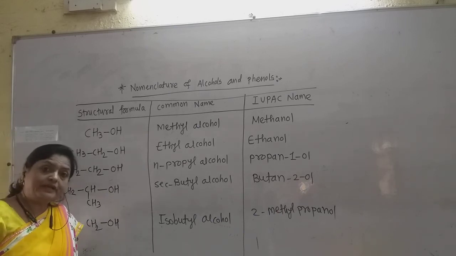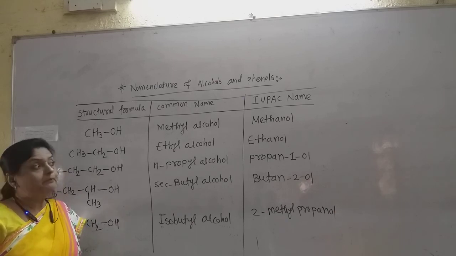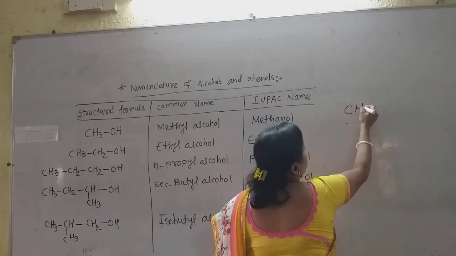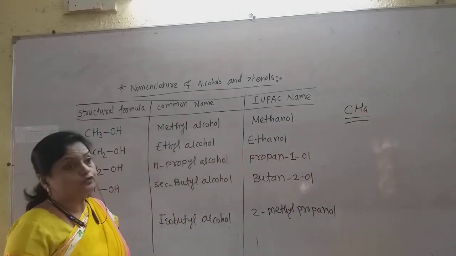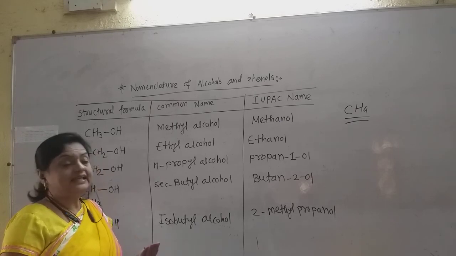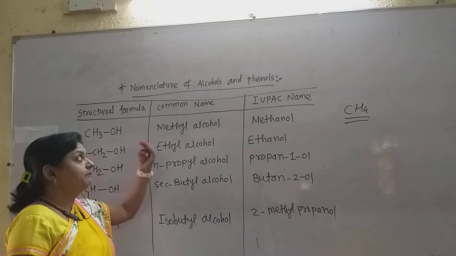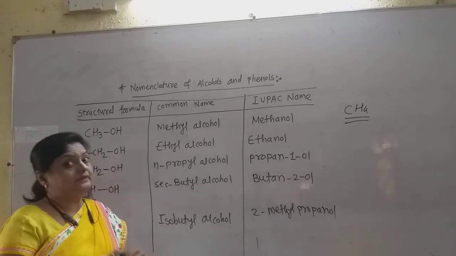But in the IUPAC name system, the parent alkane is methane because there is only one carbon atom. If one of the hydrogens of this methane is replaced by the OH group, it forms methyl alcohol. We know that. But how is the IUPAC name given?